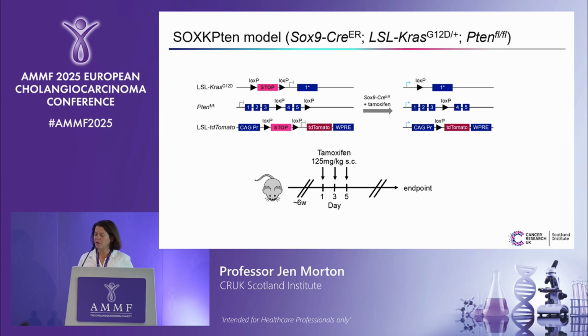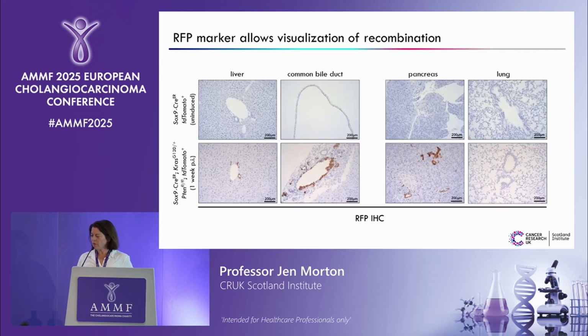We induce these mice at about 6 weeks old and then just track them to the endpoint. And again, like Ed, we can use our RFP marker, and you can see we get nice recombination in the bottom panels, in the liver and in the bile duct. We also do get some cells within the pancreas, none in the lung.